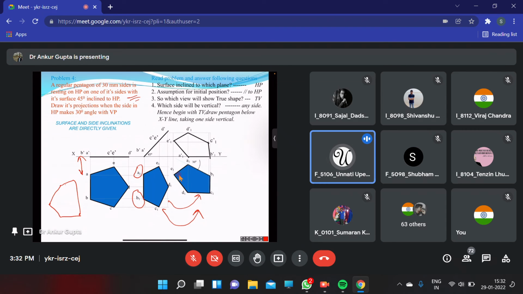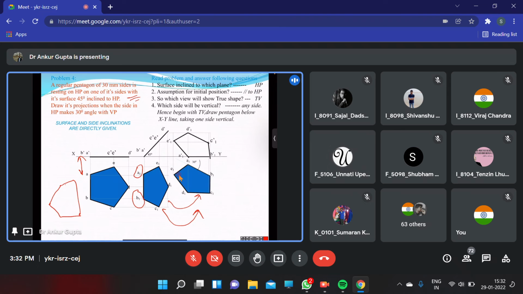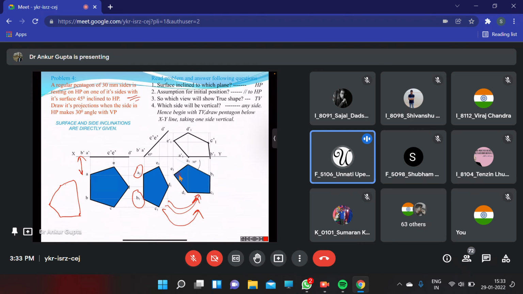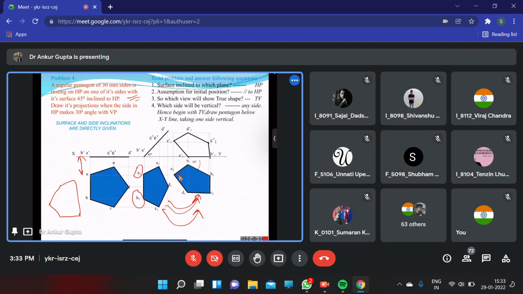Sir, actually it was given in the problem that the side is kept 45 degree inclined. Is the dimension the same in both these figures? Dimension is not going to change. We just rotated it by 30 degree. So to keep the line 45 degree inclined to HP, we need to make a replica of that, no?